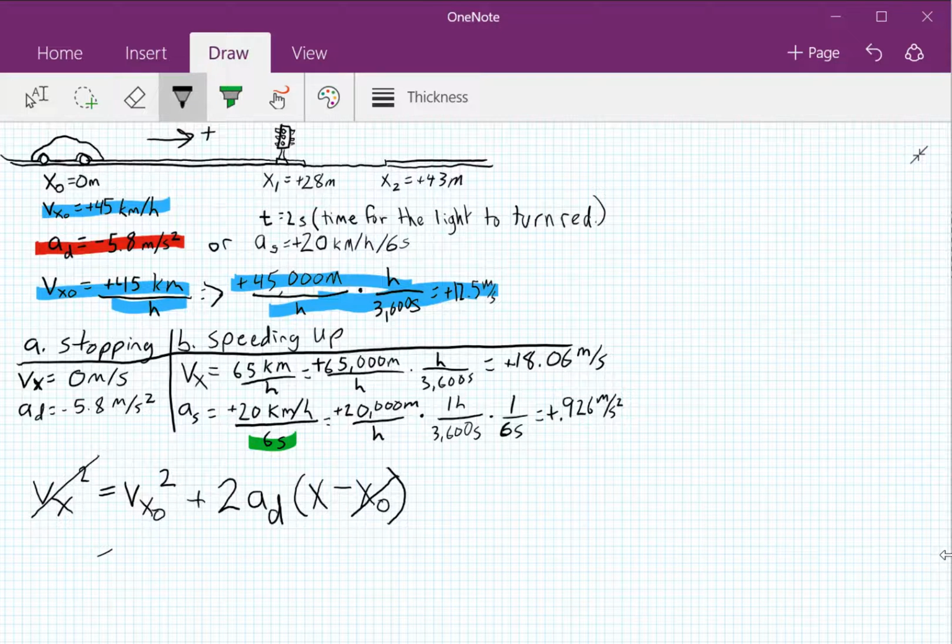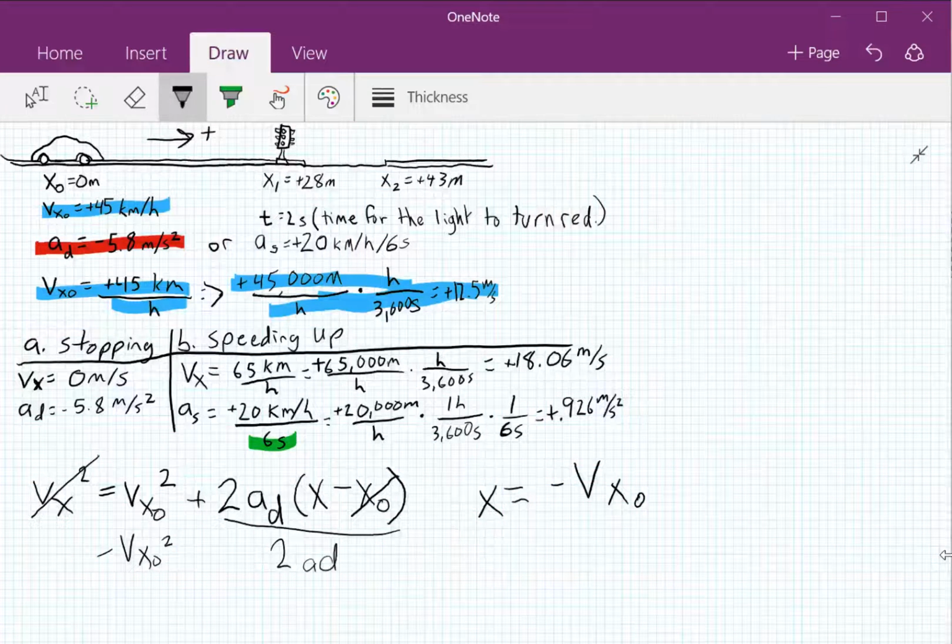Okay, and then we'll divide by 2ad. So we do that afterwards. So once you do that, you're going to have x equals a negative vx initial squared, all divided by 2ad.